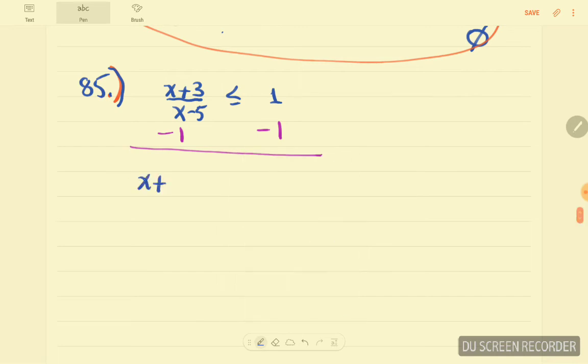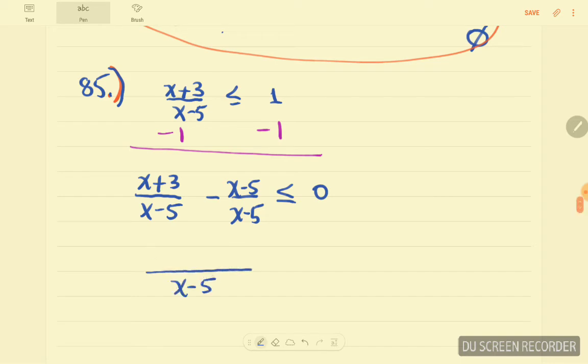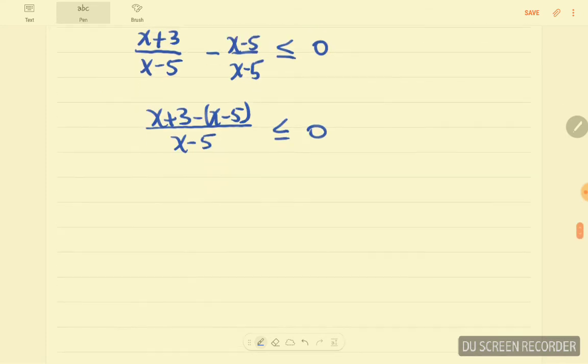And then, rather than just writing -1, I'm going to rewrite this with a common denominator. Then I'm going to combine the two fractions into one. Simplify.